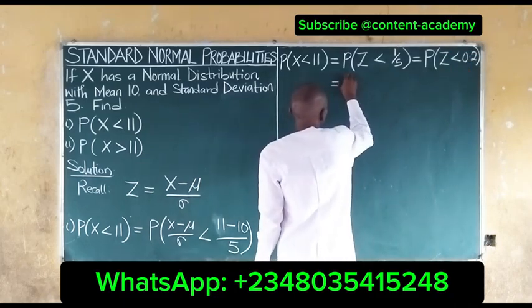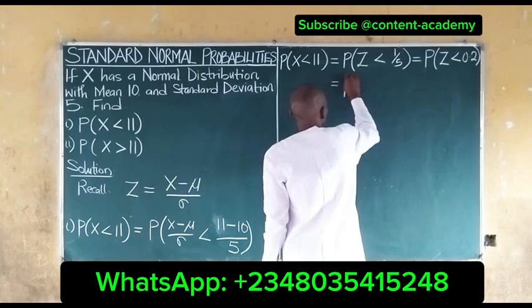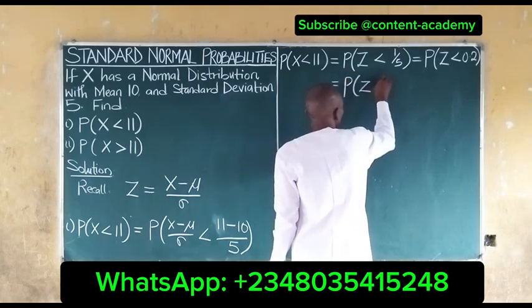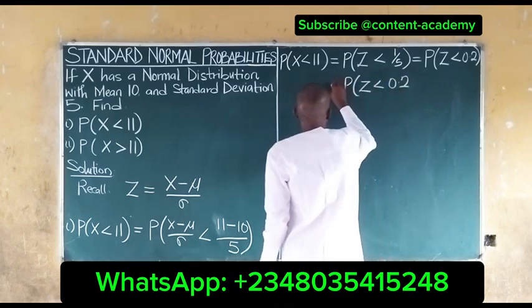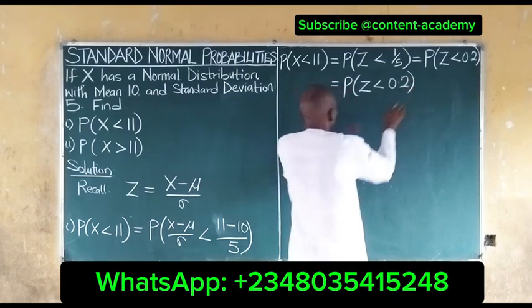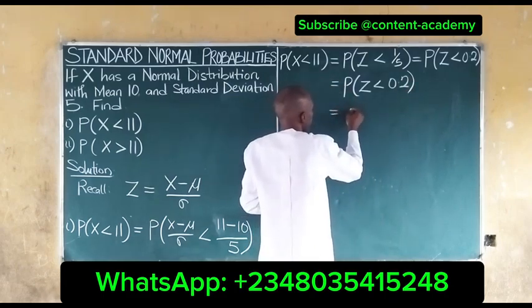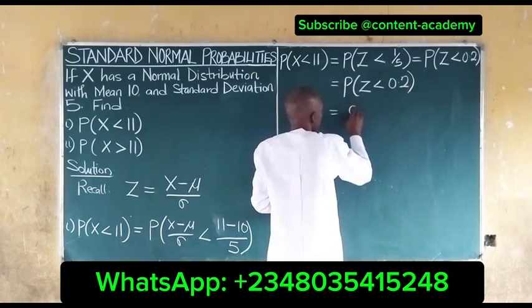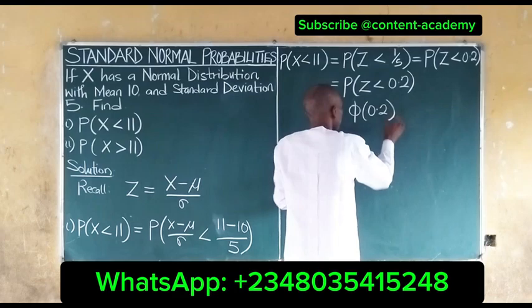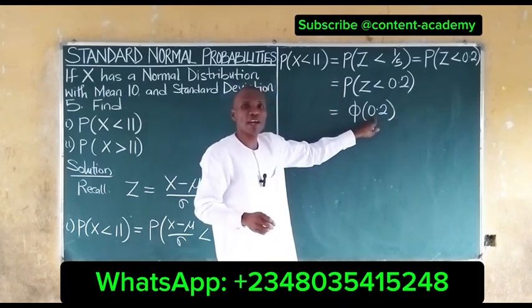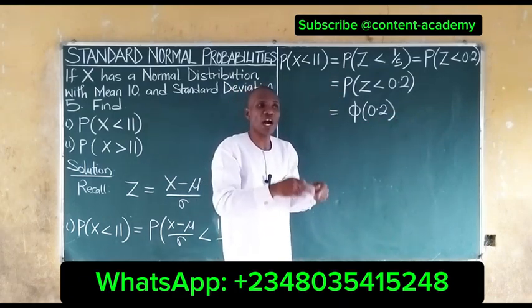So we have the probability of z less than 0.2. The next thing to do is to find the value of 0.2 before we draw our curve.